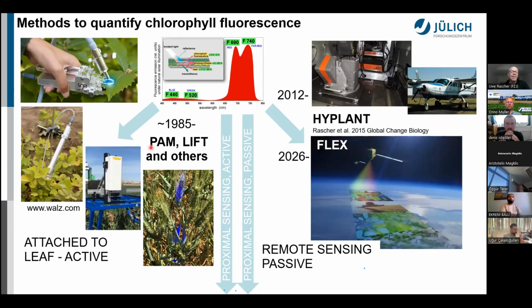You may know the PAM approach, but also the LIFT approach and others, which are all active methods. So an active, normally pulsed or oscillating, measurement light is shot on the plant, and then with a dedicated measurement system, only the fluorescence light is detected.